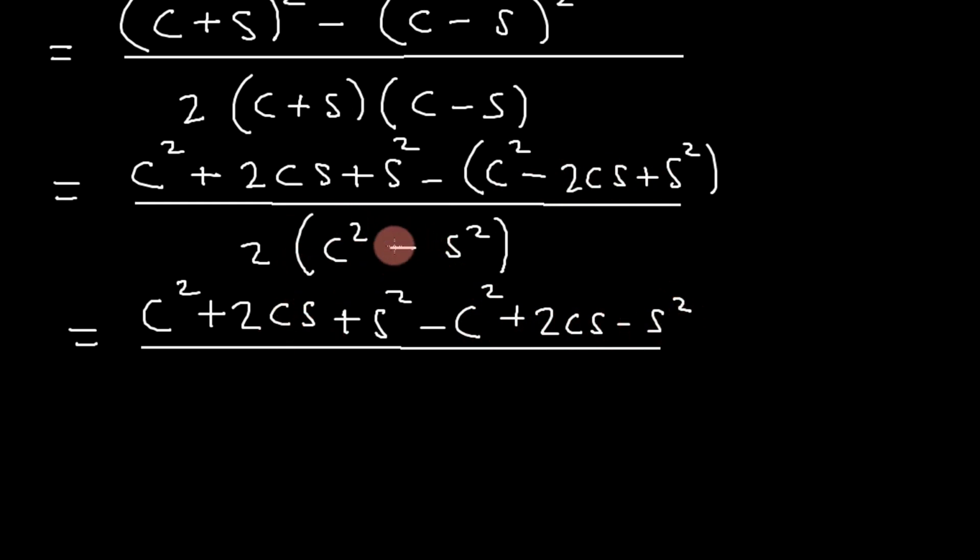And I'm going to leave the denominator like this for now. Now, in the numerator, there are terms that cancel. So C squared here with negative C squared over here, S squared with negative S squared here.